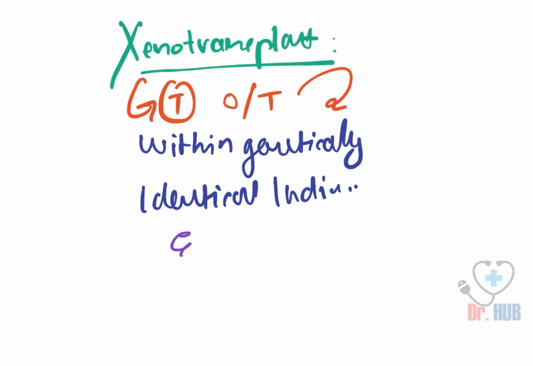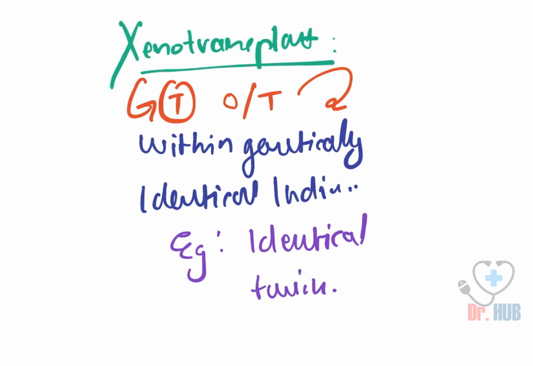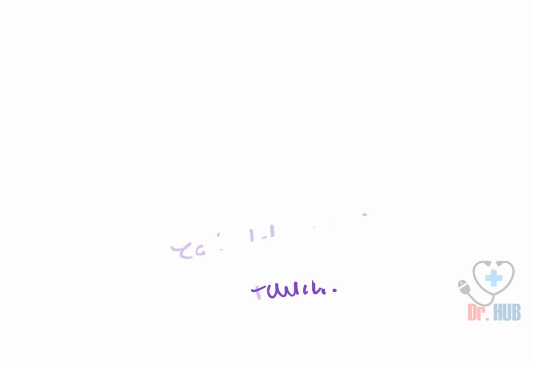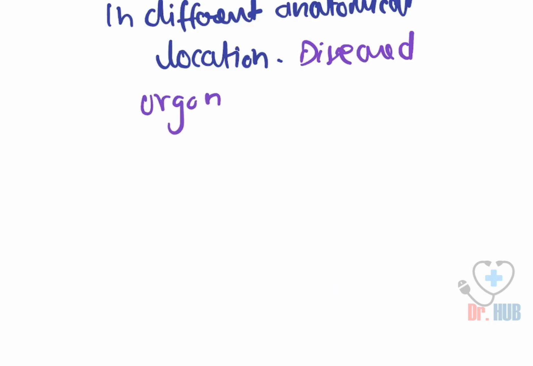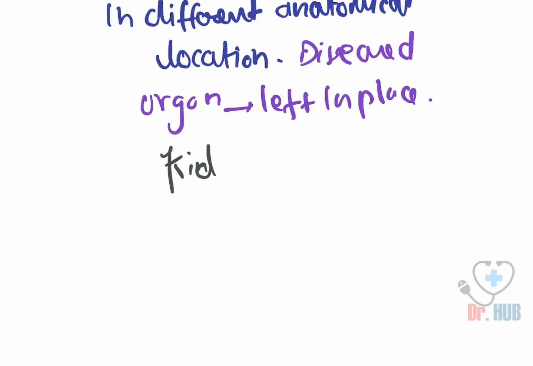The example here, as we know, is the identical twins. Now we are going to look at the bonus questions. The deceased organ is left in place. The example here is the kidney and the pancreas.